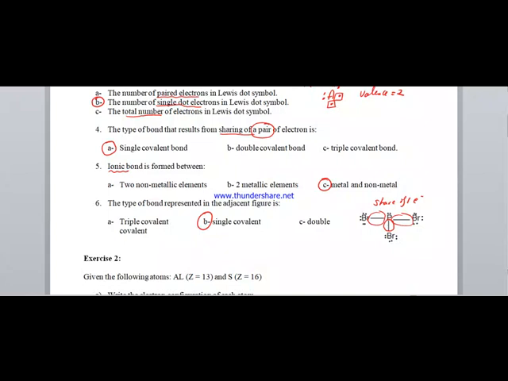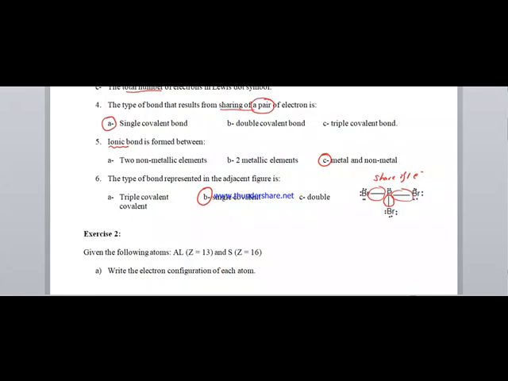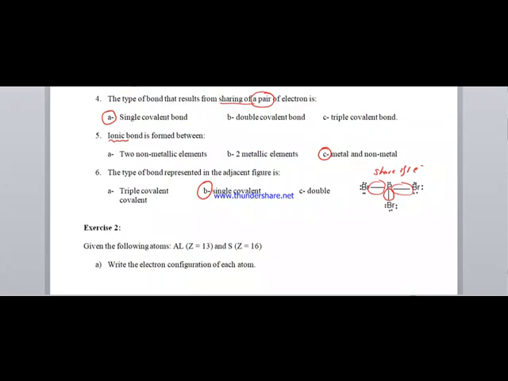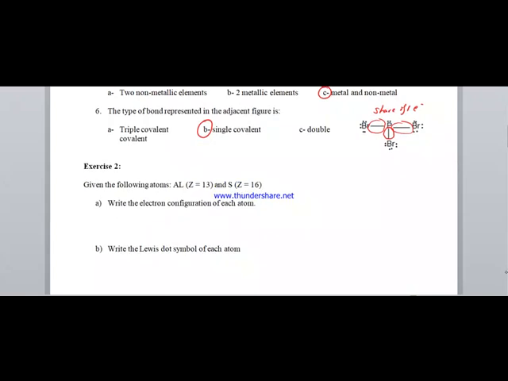In the second exercise, given the following atoms, Al with Z equal to 13 and sulfur with atomic number equal to 16, write the electron configuration of each atom.